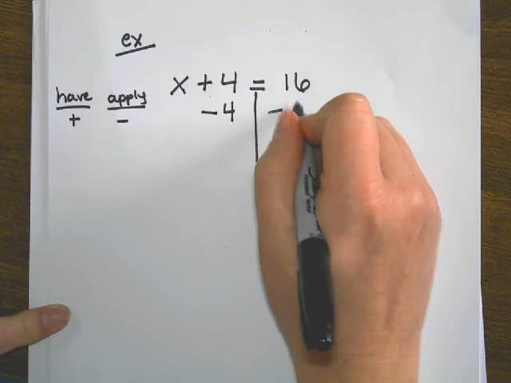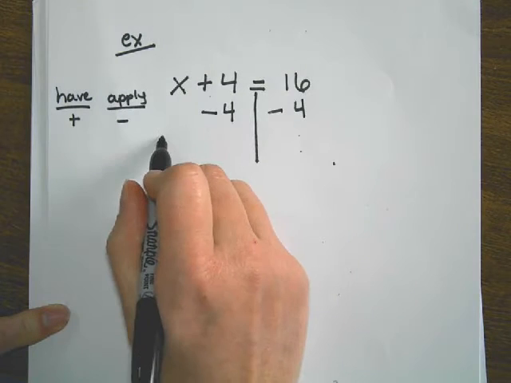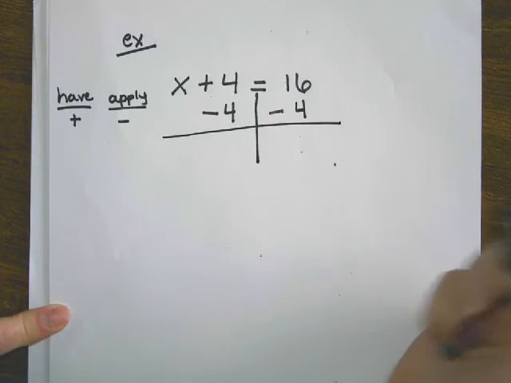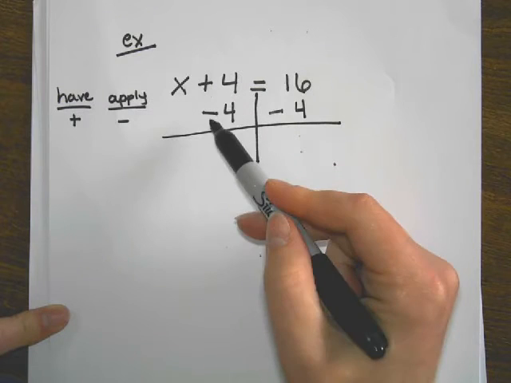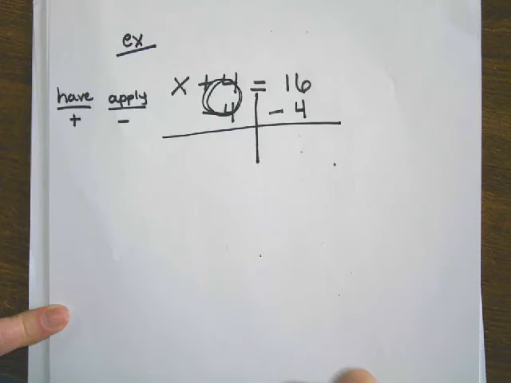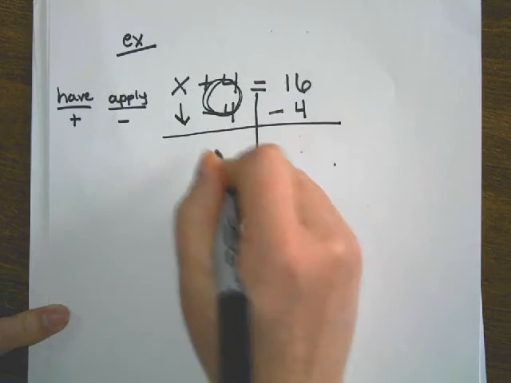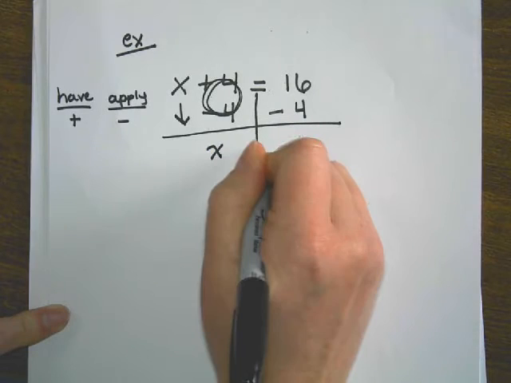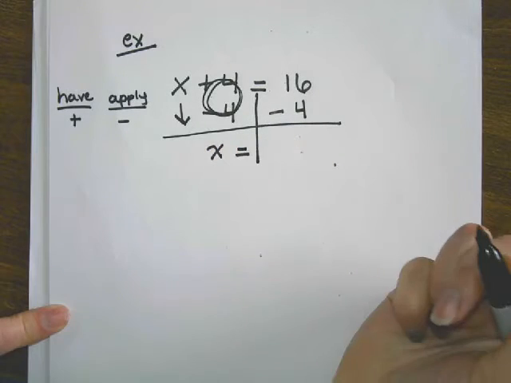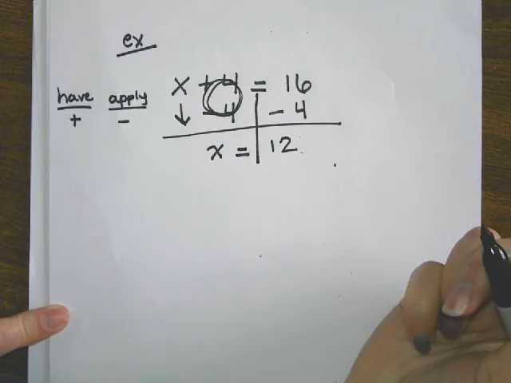So I'm going to subtract 4 there as well. So now my new problem is going to be, well, 4 take away 4, that's 0. So I'm going to write a big 0 right there because those are gone. I'm going to bring my x down, and it's going to say x, and that is going to be equal to 16 minus 4, which is 12.